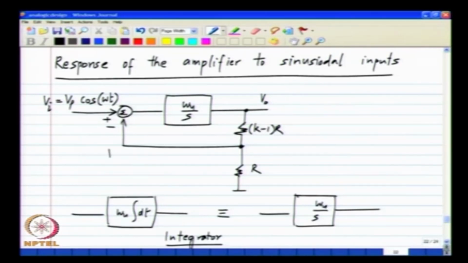So, here we have V naught by k and here we have Vi minus V naught by k. Okay. So, all we have to do is to recognize that the input of the integrator is Vi minus V naught by k, and that times omega u by s is V naught.